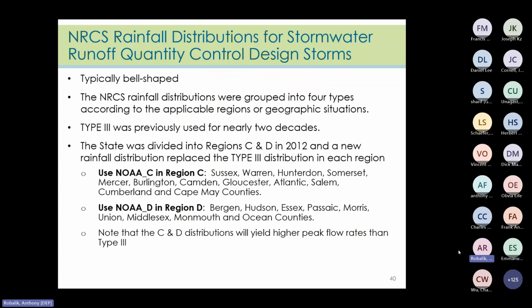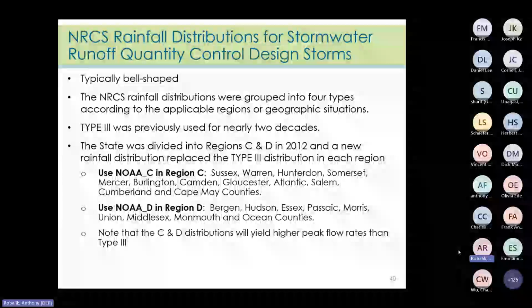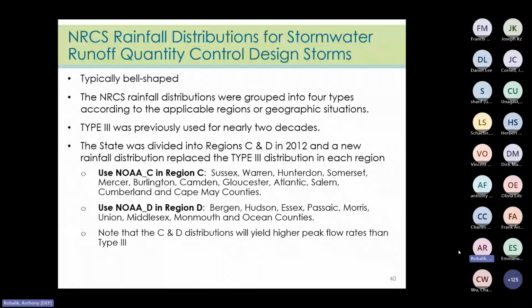Okay, so in addition to the rainfall depth data, we have to know how rain falls during a storm event if we're going to create models and design BMPs to address runoff. To estimate a rainfall event for design and planning purposes, between 1961 and 1977, the NRCS developed synthetic rainfall distributions from historical records for the different regions of the country. The basic shape of the distributions all assume that rain starts gently, then increases in intensity towards the middle portion of the storm event, and then tapers off.